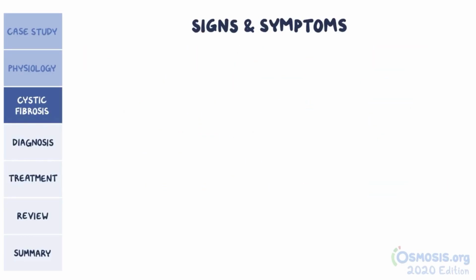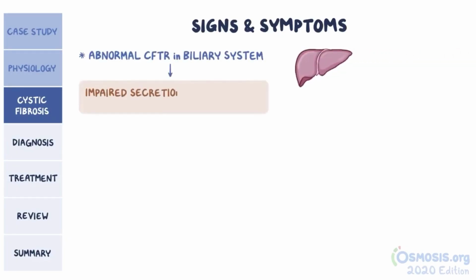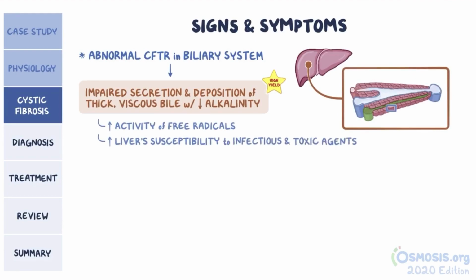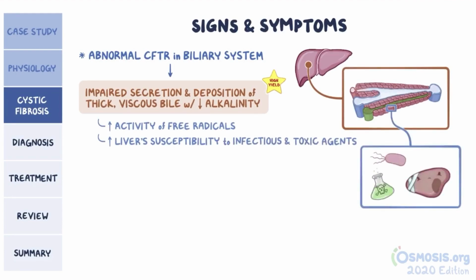Sometimes the liver and the bile can be affected too. It's thought that the abnormal CFTR protein in the biliary system leads to impaired secretion and deposition of thick, viscous bile and reduced alkalinity. The abnormal bile increases the activity of free radicals, and its stagnation increases the liver's susceptibility to infectious and toxic agents, which end up damaging the hepatocyte directly.